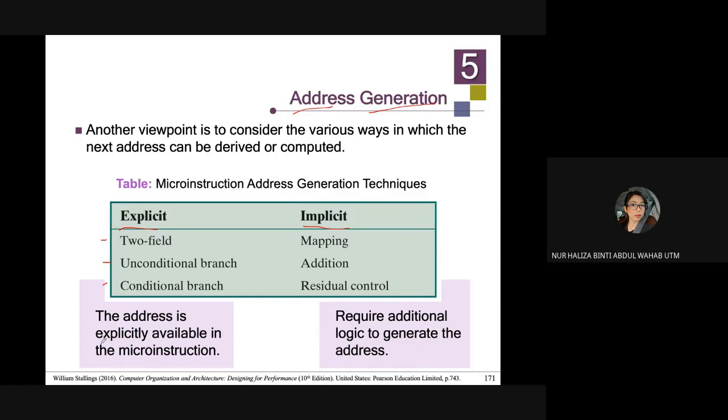For explicit, the address is explicitly available in the microinstruction, while for implicit it requires additional logic to generate the address.